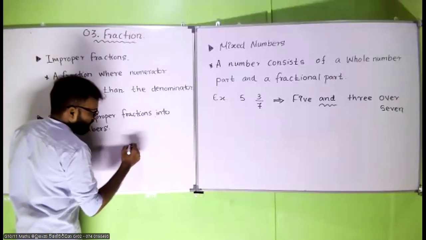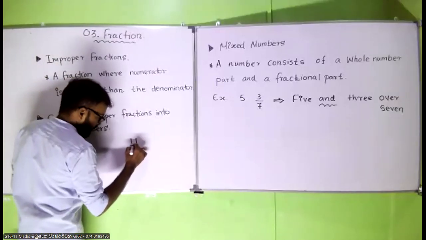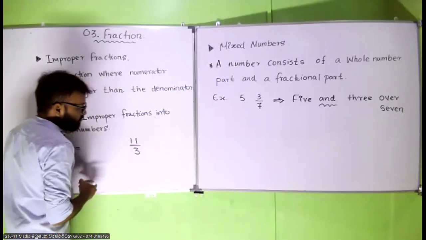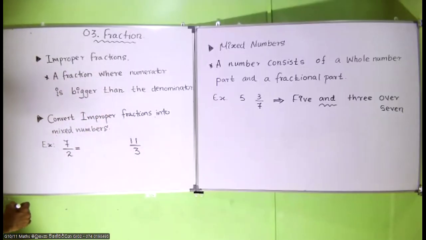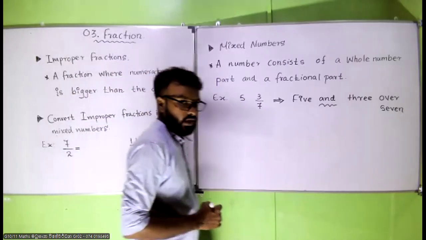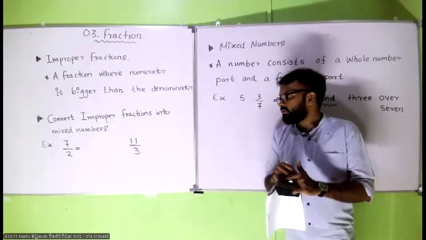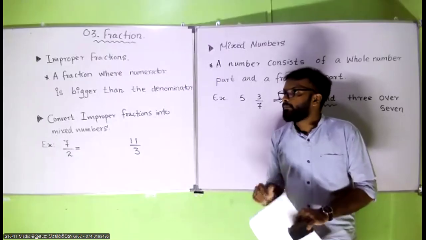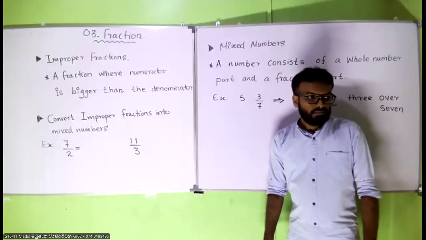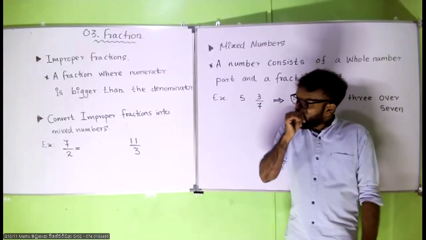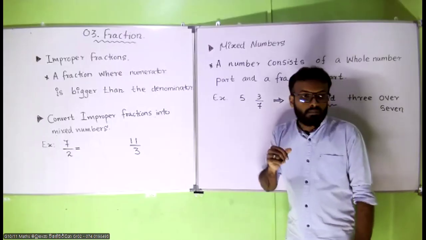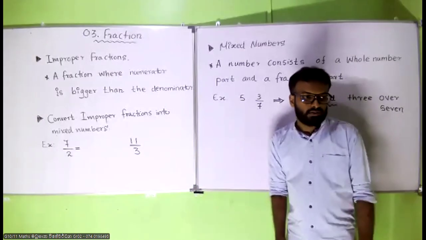And just convert 11 upon 3. I'll give you 1 minute 30 seconds to convert those. Convert them into mixed numbers. Improper fraction into mixed numbers.